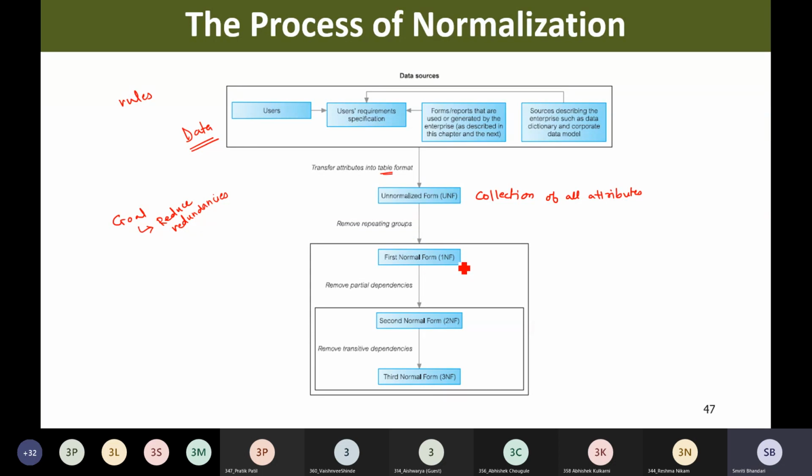Once we are having the first normal form of our data, then we try to find out whether there exists any partial dependency. We have seen this concept of partial dependencies earlier. So if my table is having the partial dependencies, then I will try to remove those partial dependencies and I will come up with the second normal form of our database.